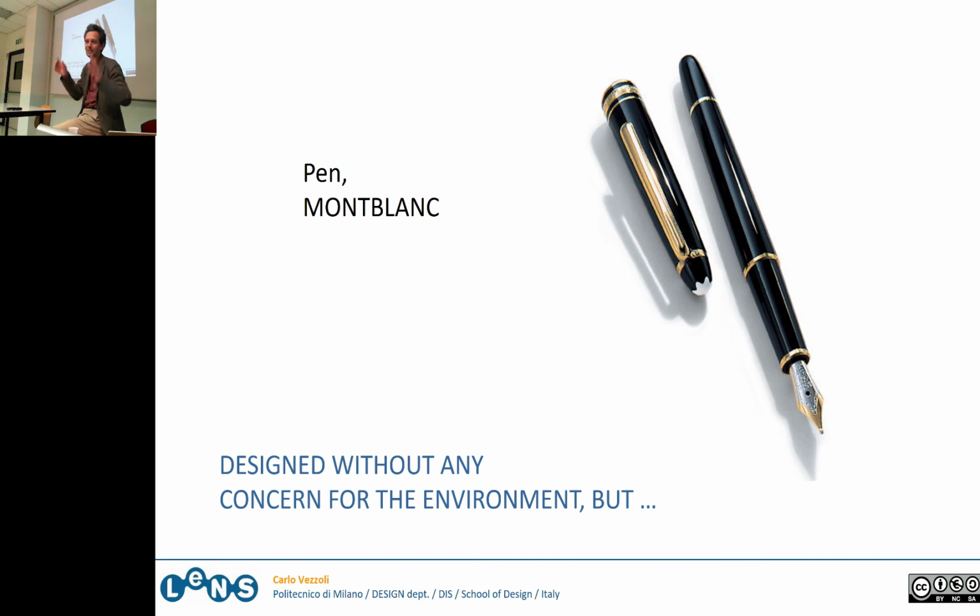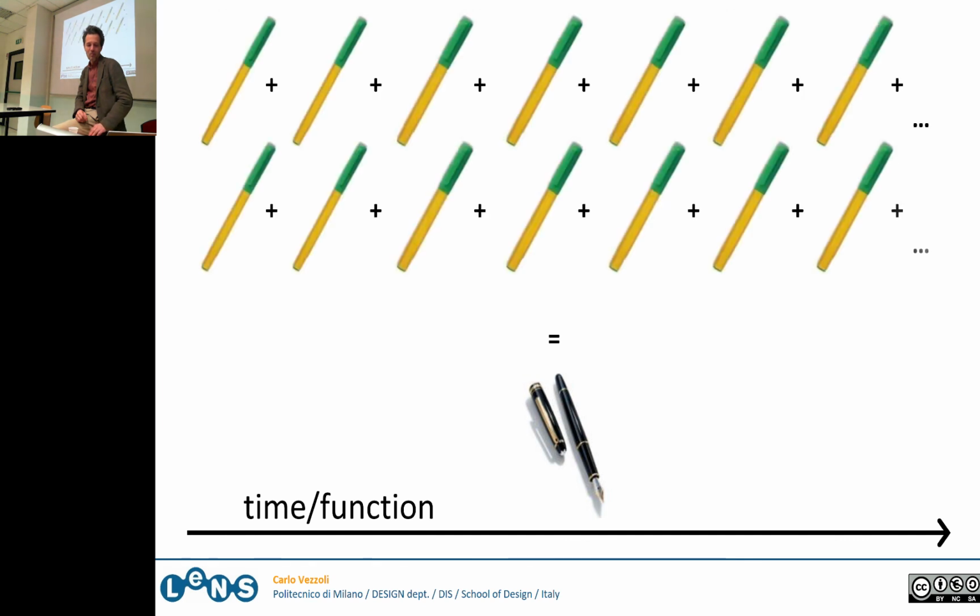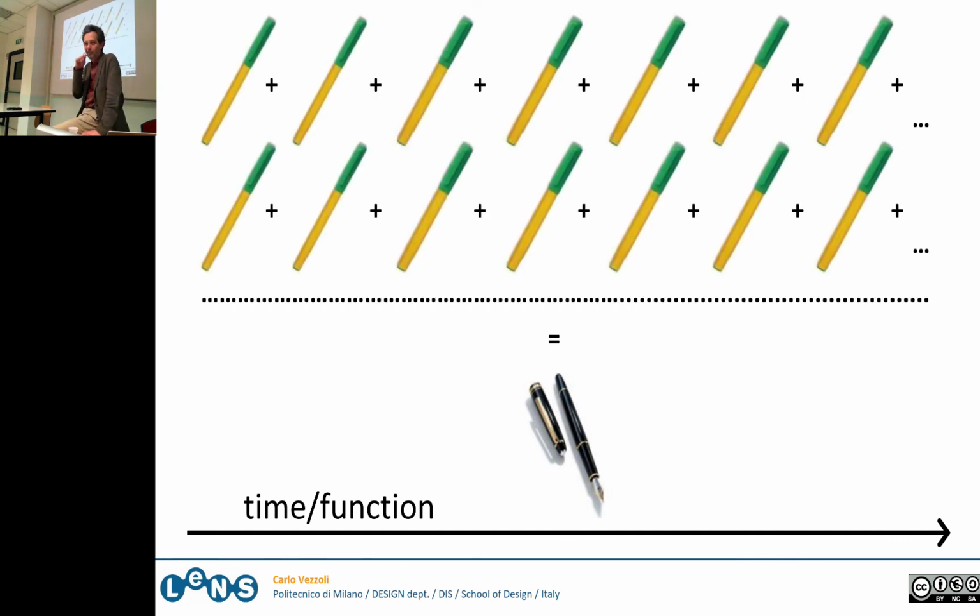And technically, it works very, very well. The other one is a biodegradable material for sure. After a while, it won't resist. It's biodegradable, but for the same reason, it doesn't resist that much.